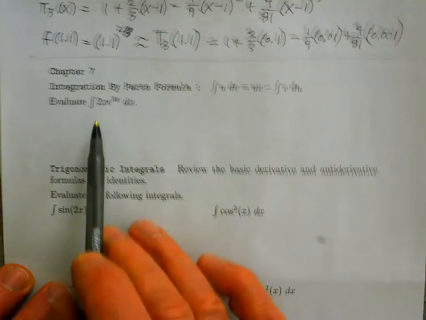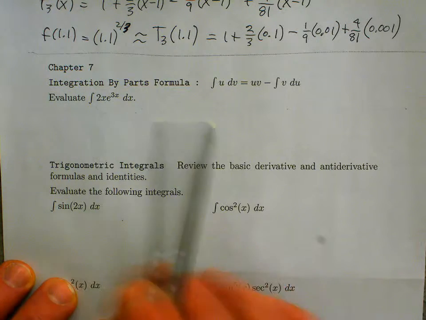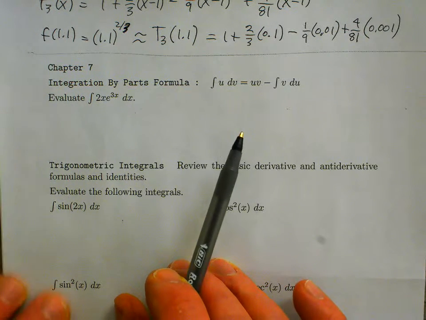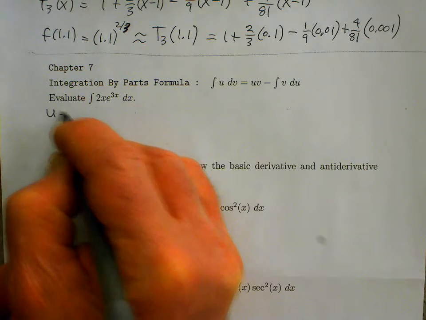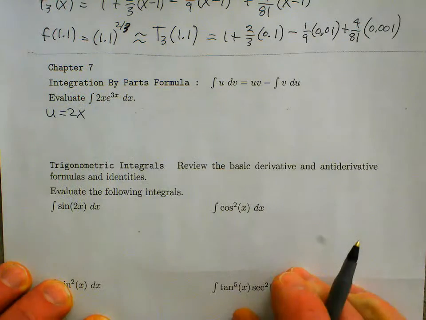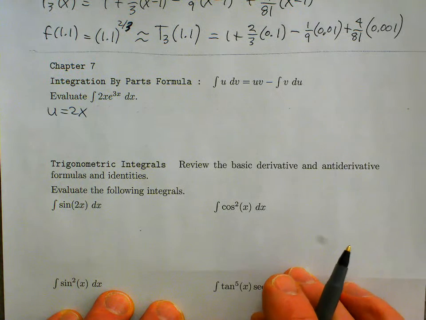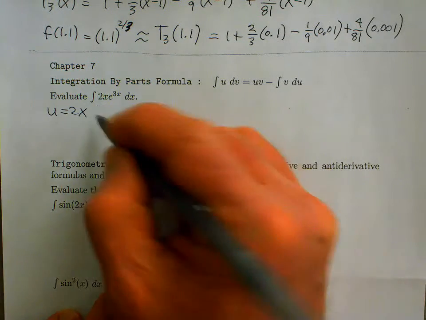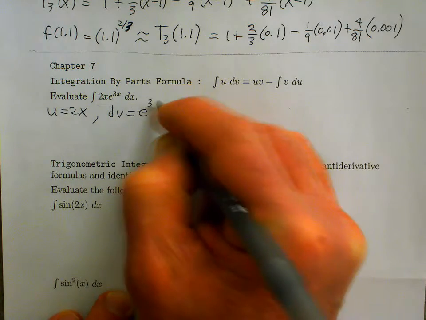For this one, the integral of 2x times e to the 3x, usually if we can, we pick u to be the function that can be made simpler by taking the derivative. So I would pick u to be 2x and dv to be e to the 3x dx.